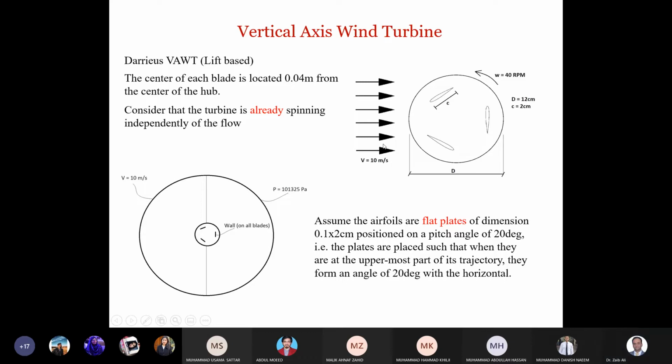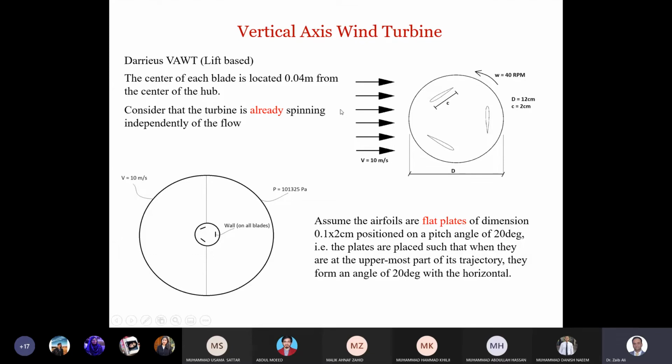So first let's talk about the problem over here. We have this vertical axis wind turbine with 3 blades, and these 3 blades are moving at 40 RPM, 40 revolutions per minute.